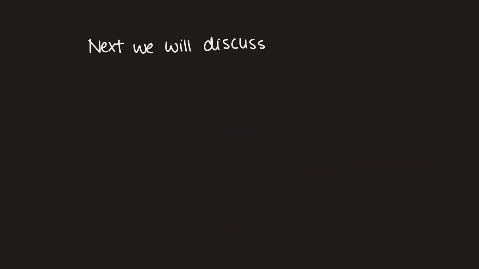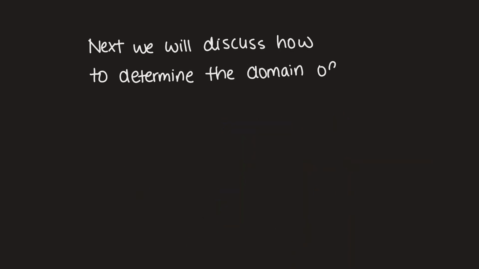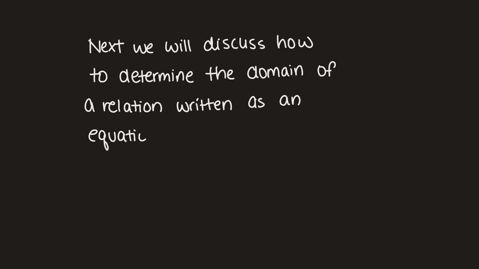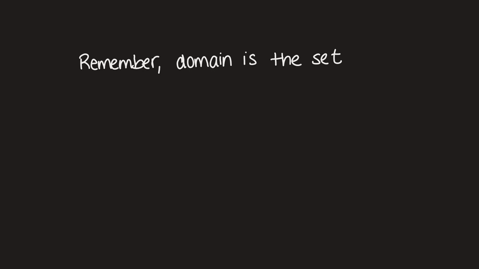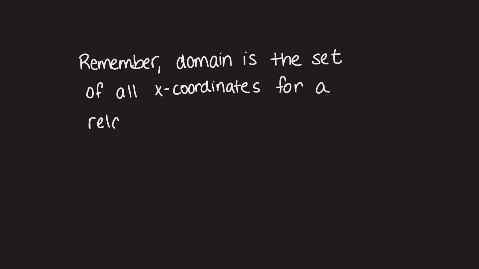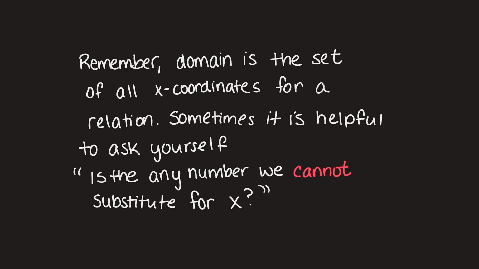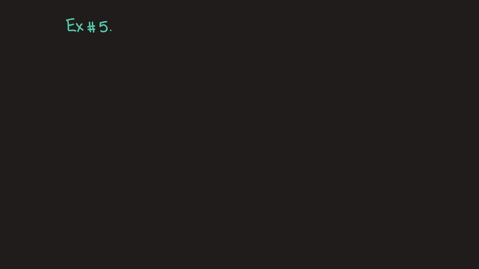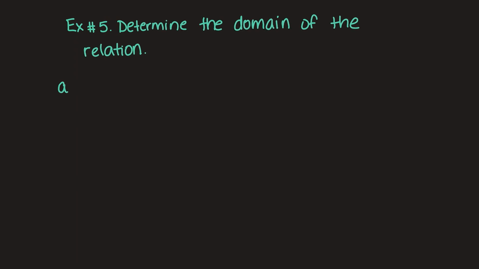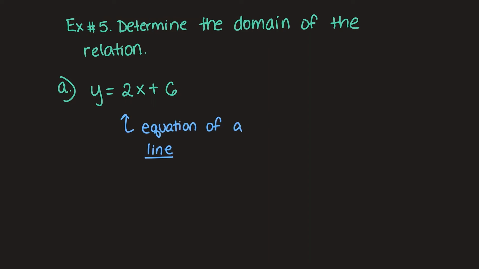Okay, so next we will discuss how to determine the domain of a relation written as an equation. Remember, the domain is the set of all x-coordinates for a relation. Sometimes it is helpful to ask yourself, is there any number we cannot substitute for x? Let's try an example. We want to determine the domain for the following relation. Notice that this is the equation of a line.